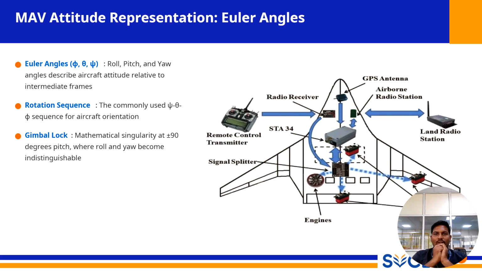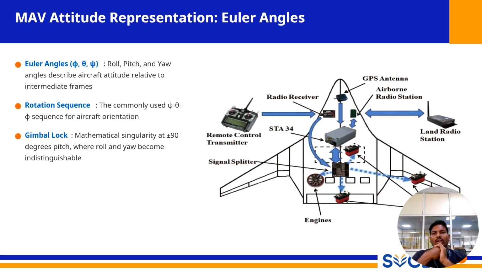Then we apply the yaw rotation, followed by the pitch rotation, and finally the roll rotation. This standardized sequence is crucial for ensuring that the control software correctly interprets the drone's attitude.